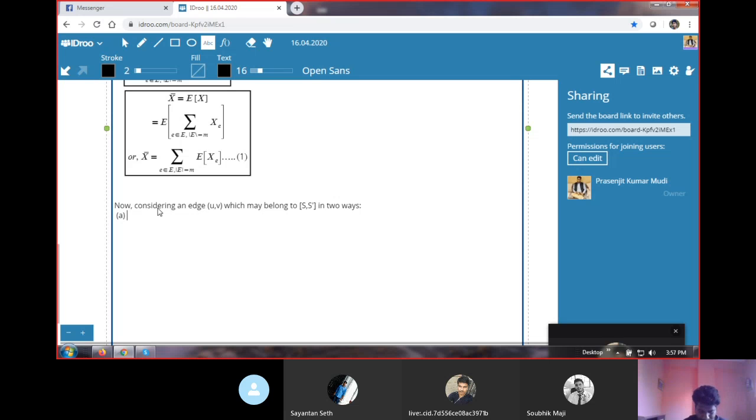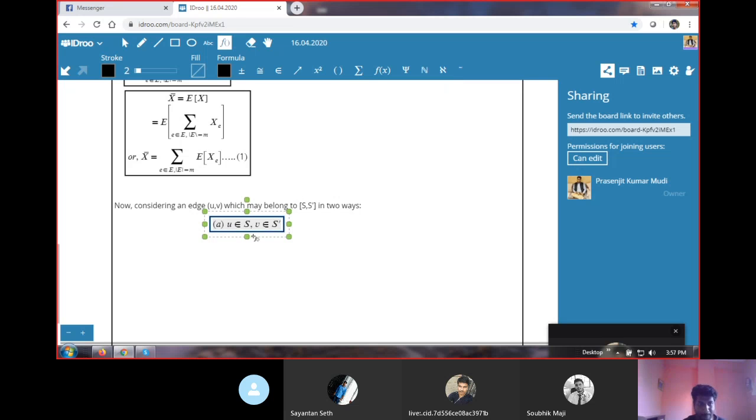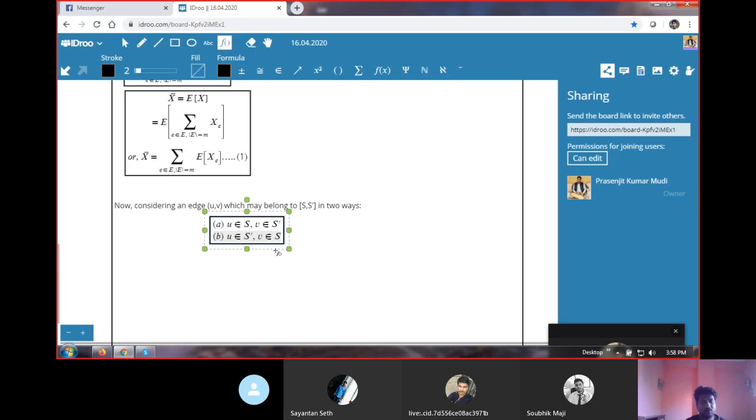One is u belongs to S and v belongs to S bar. Another is u belongs to S bar and v belongs to S. So there are two ways in which the edge u, v belongs to S, S bar, right?